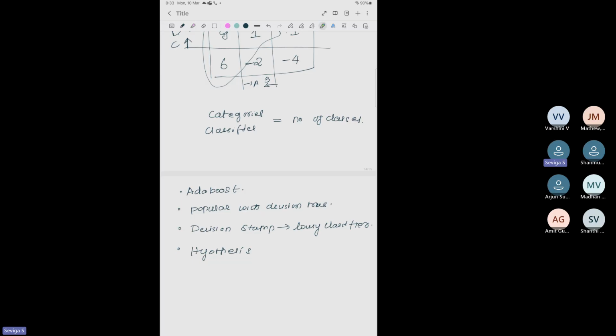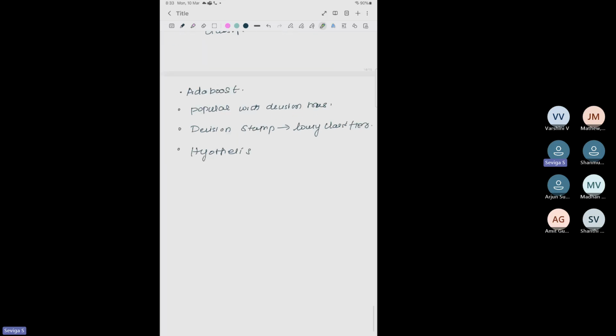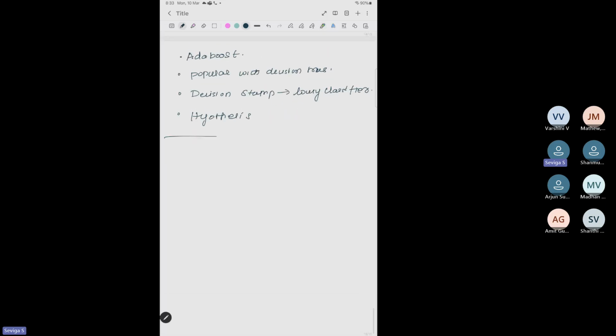Your final evaluation will be based on the project. So far, we have studied the basics of machine learning.